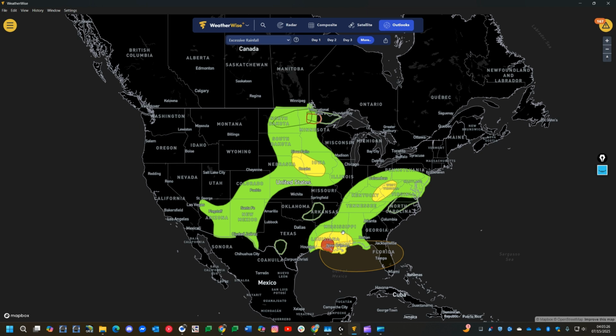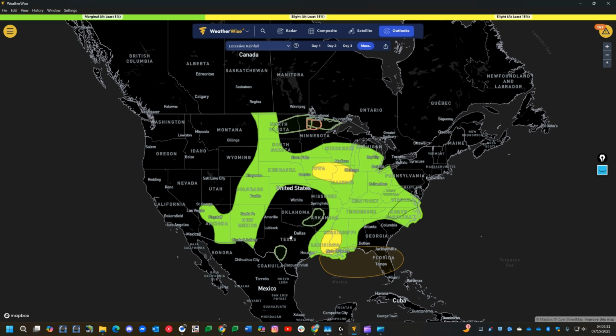It goes to show you that even if the system undeveloped into a huge storm, it could bring a lot of rainfall to the area with a wide swath in the east of the Mississippi with a slight risk in the Ohio Valley, Iowa, marginal risk all the way down into the desert Southwest.